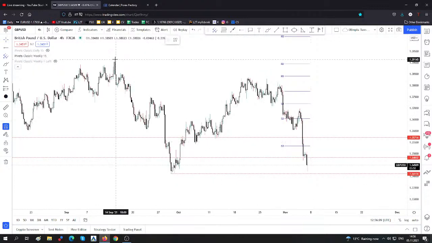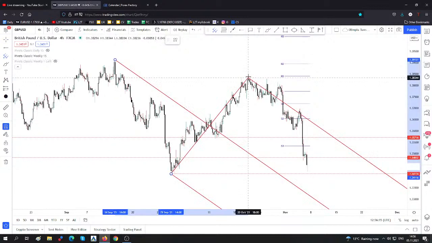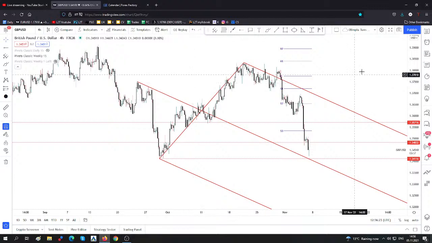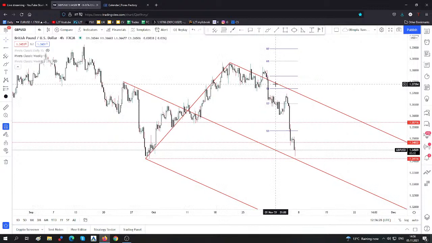Let's draw a descending pitchfork here. Let's see if this tool will help us. Something like this, so 1, 2, and 3, test, retest, false breakouts, and very important here, a new lower low signals the downside movement.